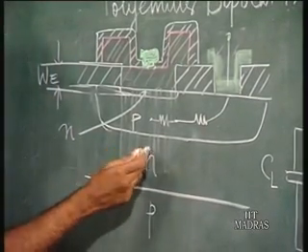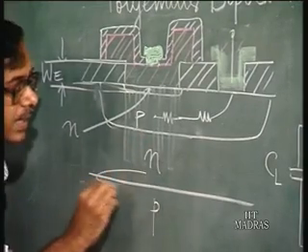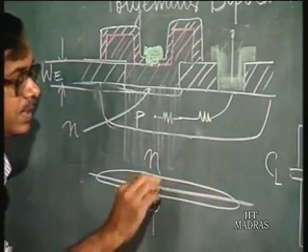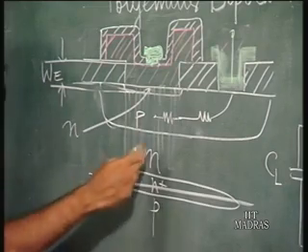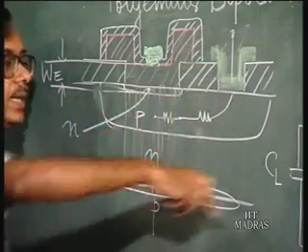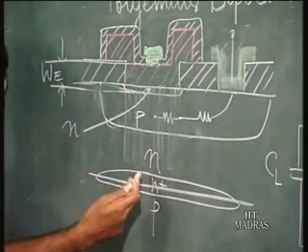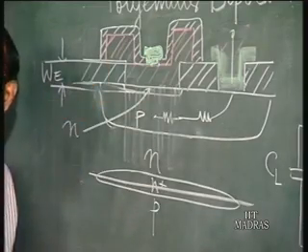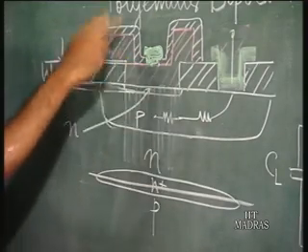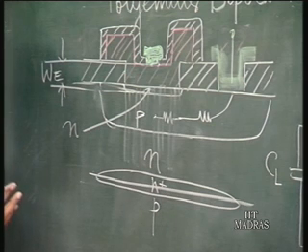You will have a collector resistance, of course you will have a buried collector N plus here as in a bipolar transistor, but there is again a resistance for the collector from the intrinsic part of the device to the contact, and also you have an emitter resistance. So these are internal to the device.